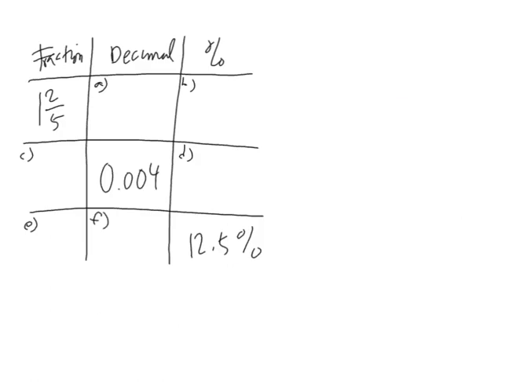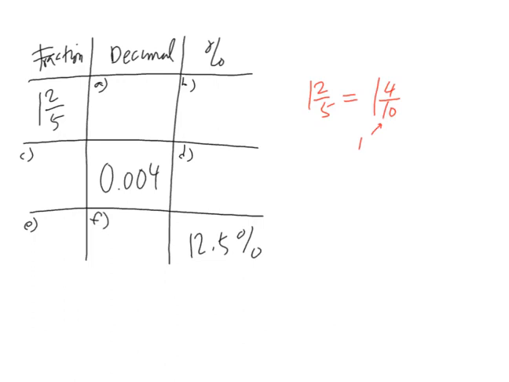Question 2 is you're given fractions, decimals, or percents, and you're supposed to give the other two. The first one is, what is 1 2/5 as a decimal? Well, to change any fraction to a decimal, I have to be able to read it with a base 10 denominator. So in this case, 1 2/5 is equal to 1 4/10.